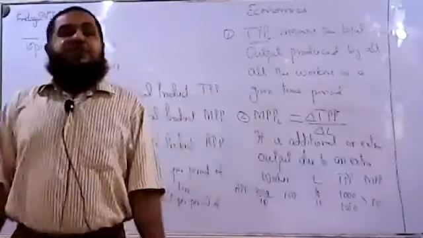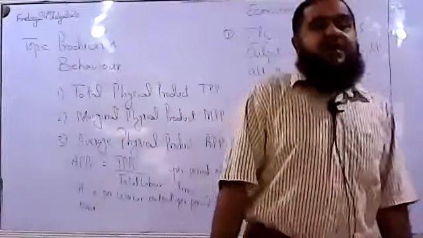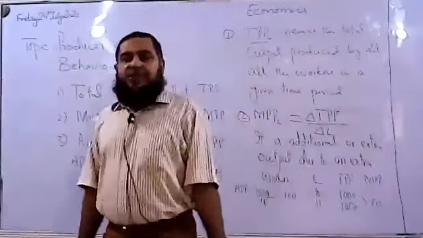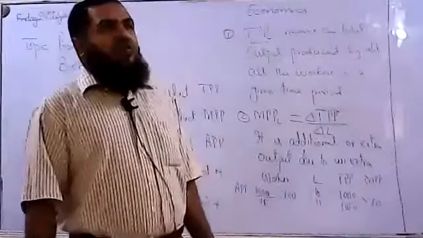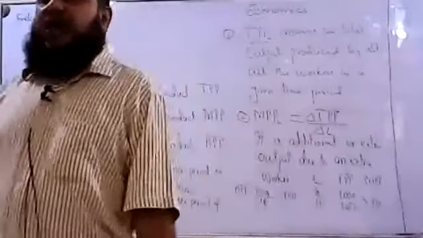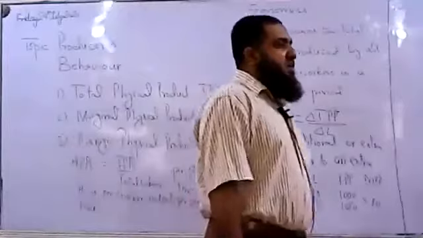Therefore, output can be changed by changing the variable factors of production. Like labor is usually kept variable. So we can increase the number of workers to increase output level, or we ask them to do overtime. If their working hours are increased, definitely the output will also be increasing.